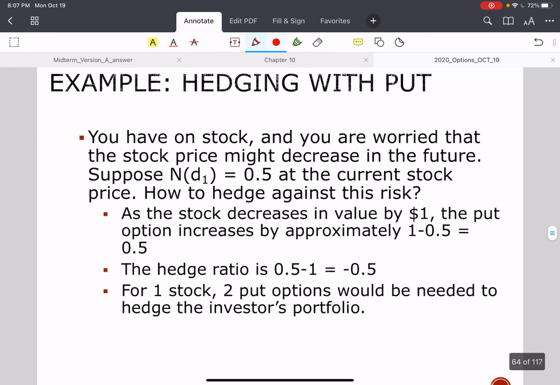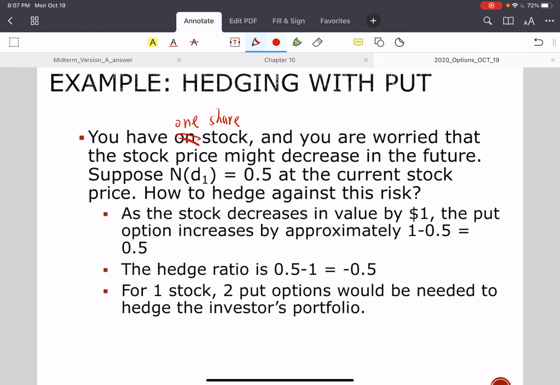Okay. Now let's look at the second example, which is hedging with a put option. So let's say you have one share of stock and you're worried that possible negative news will come, so the stock price will actually drop, right?